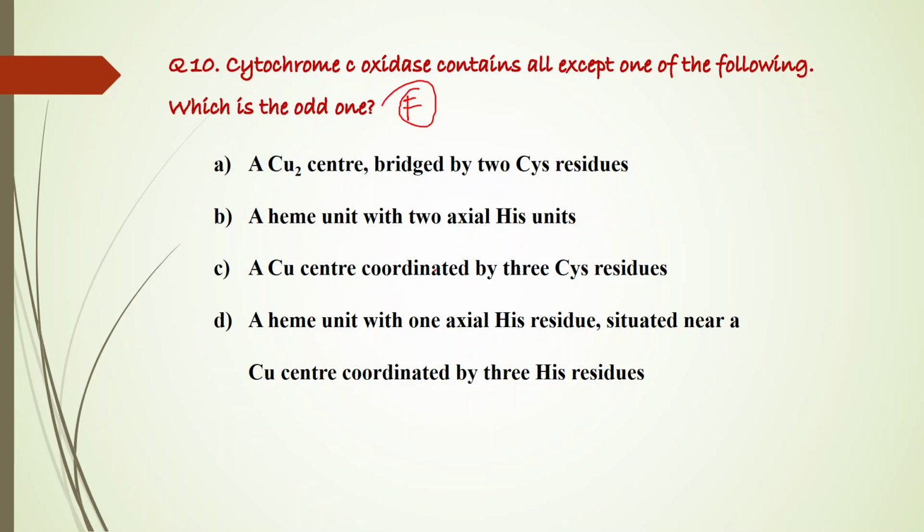So the options are given. Go through them, write your option in the chat box, and then I will discuss the statements one by one. Try to write your answer, try to guess.